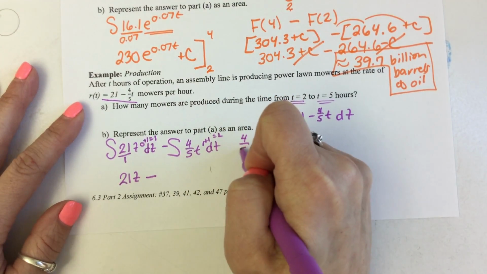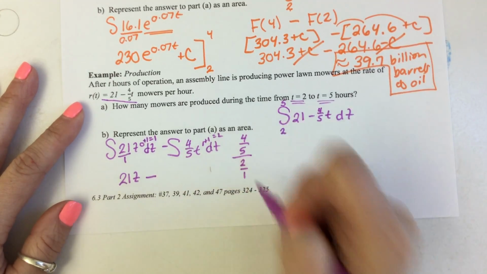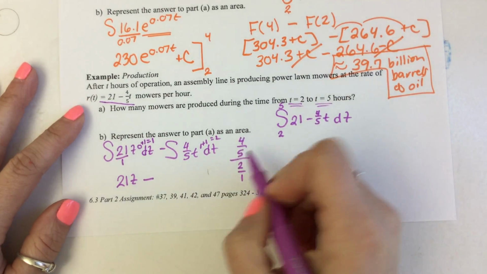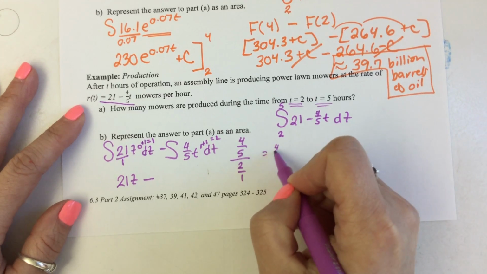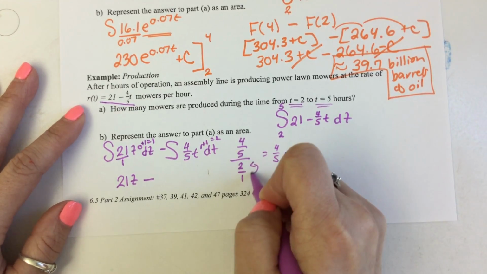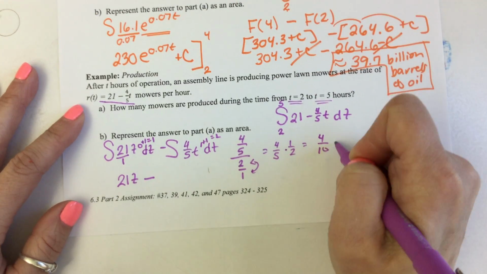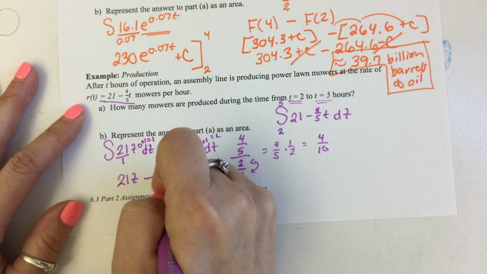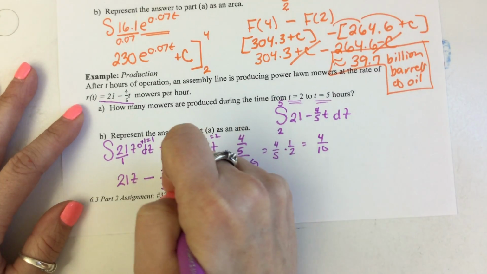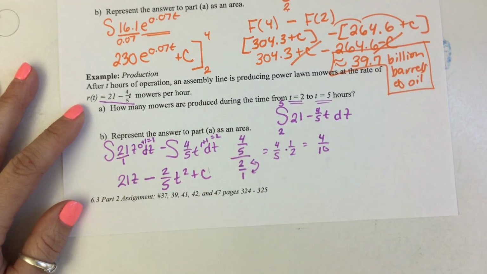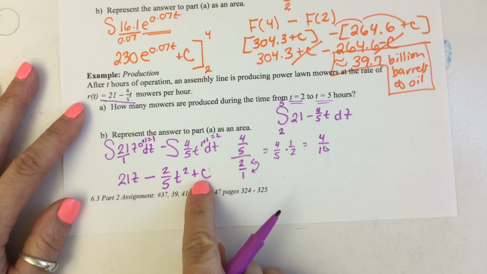So we have to think of this: if I have 4/5 and I divide by 2, that's the same as dividing by 2 over 1. You cannot divide fractions, so it's 4/5 times 1/2, which becomes 4/10, and that reduces to 2/5, t squared plus c. So here is your antiderivative.